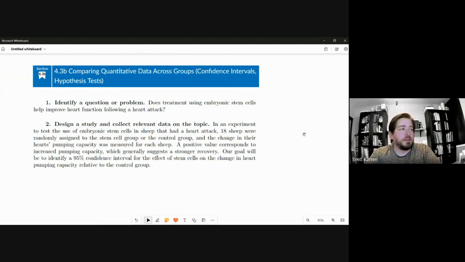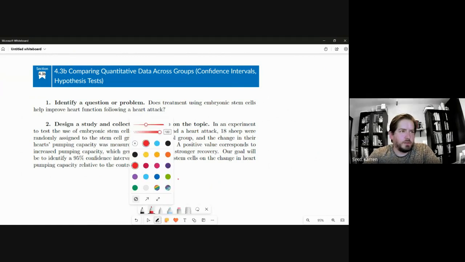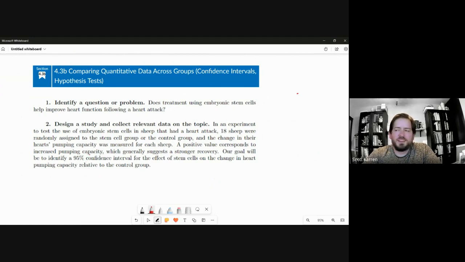So in an experiment to test the use of embryonic stem cells in sheep that had heart attacks, I didn't know that was a thing. 18 sheep were randomly, have you ever heard of a sheep having a heart attack? That's the weirdest thing. 18 were randomly assigned to the stem cell group or the control group, and the change in their heart's pumping capacity was measured for each sheep, right?